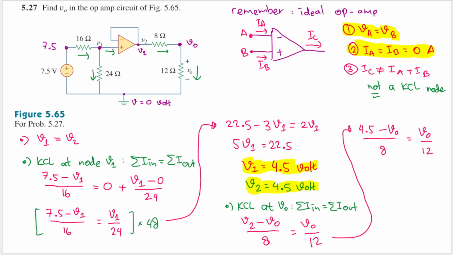We can cross multiply here. 12 multiplied by 4.5 is 6 multiplied by 9, which is 54. So that will be 54 minus 12V0, and that will equal 8V0. And so we will have 54 is equal to 20V0. But then V0 is 54 divided by 20.